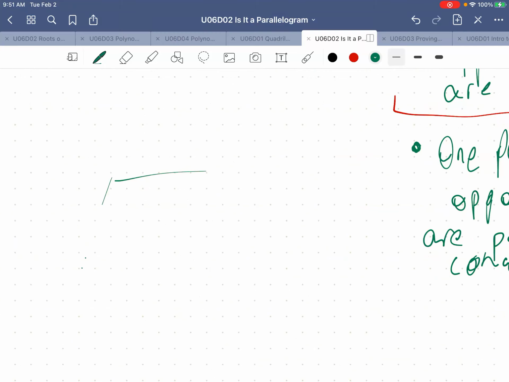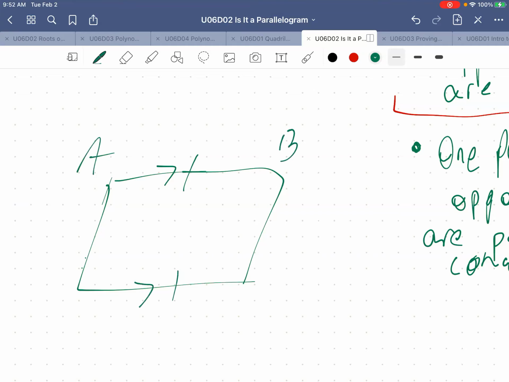So let's try that. So we have a quadrilateral, and we're told that this side is congruent and parallel to this side, A, B, C, D. So we will draw a diagonal. Because the sides are parallel, that makes these angles congruent. This is a reflexive side, and that gives us SAS, proving that this side is going to be congruent to this side by CPCTC.